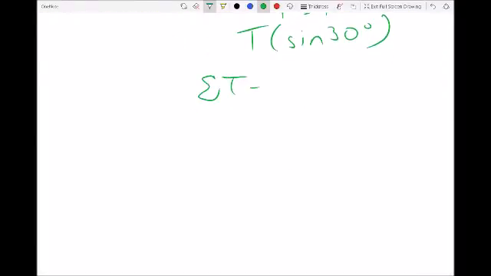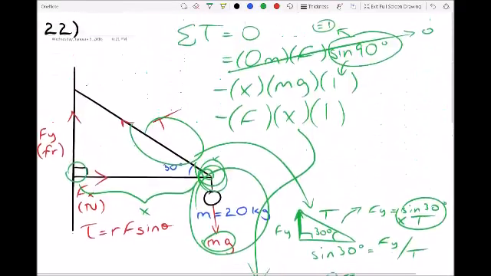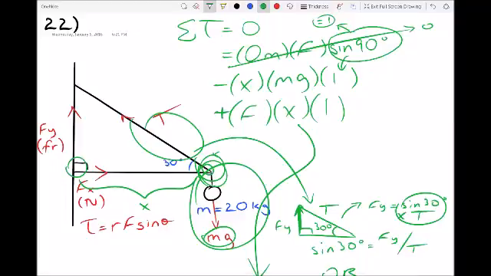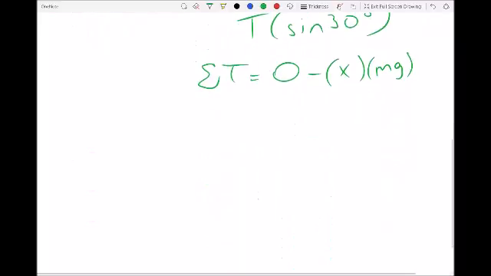And we'll have our sum of torques, so we'll have the 0 value of torque. We'll have our weight times the radius of x, and then our tension sine 30 degrees times the radius of x.